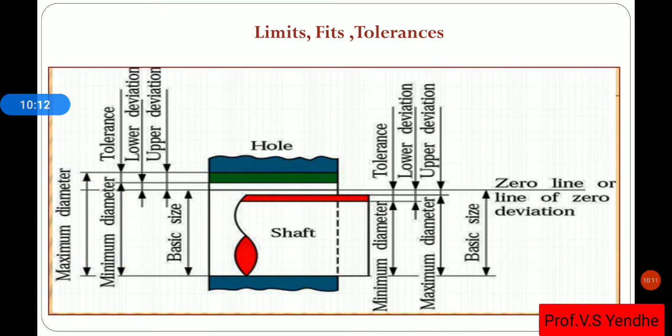That means the maximum or the minimum permissible values. That means these maximum diameter and minimum diameter are the permissible maximum and minimum limits.